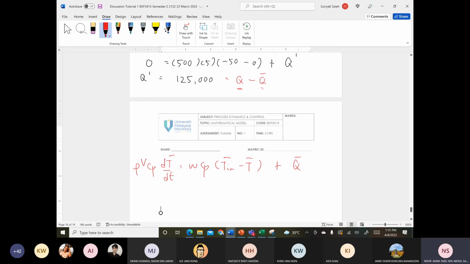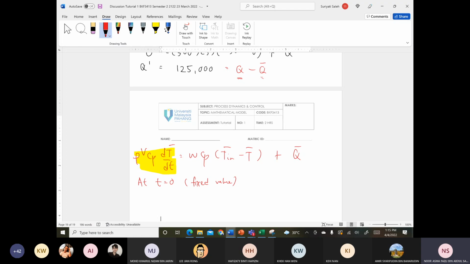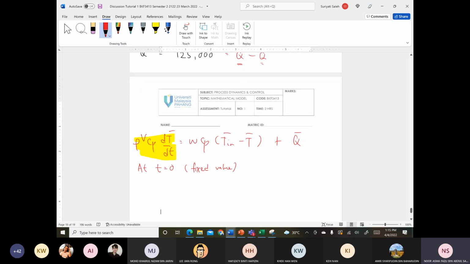For the term on the left hand side, rho V Cp dT bar over dt, at time equal to 0 the time is not moving. It's a fixed value. So the dt will become 0. That means in this equation at steady state, the left hand side becomes 0.